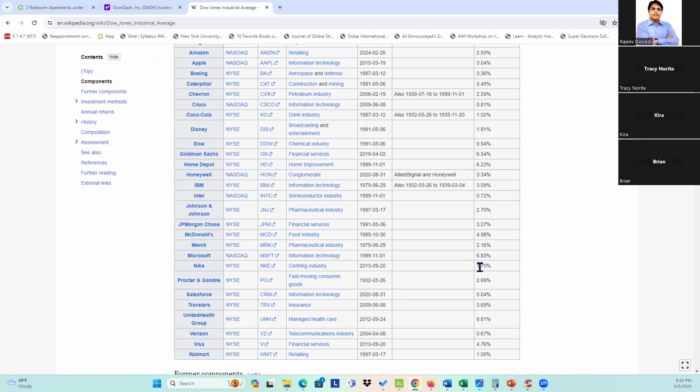If you look at the portfolio of Berkshire Hathaway or Warren Buffett, you will see in each company they have like 4%, 3%, 6%, 5%. Home Depot and Goldman Sachs are the largest contributors in this.